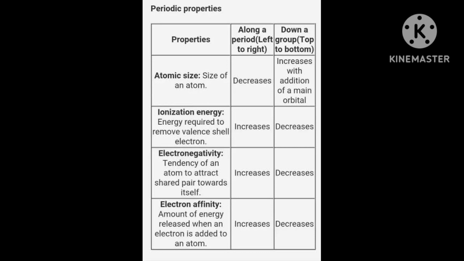Now come to aluminium. Aluminium is the most abundant metal and the third most abundant element in the earth's crust, 8.3% by mass, after oxygen and silicon.